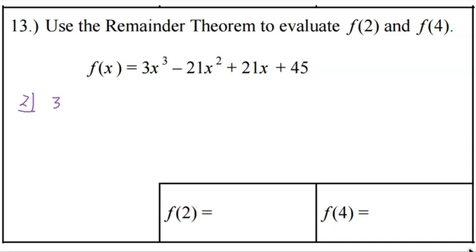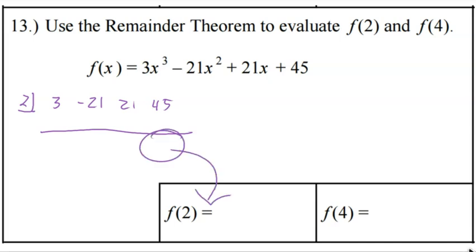So 3, negative 21, 21, and 45. And then we'll draw our line, and we'll have some numbers here, and we'll have some numbers here. But we actually don't care about the numbers here. For the remainder theorem to evaluate a number within a function, we really just care about the remainder. Whatever the remainder is, that's going to be our answer, okay?